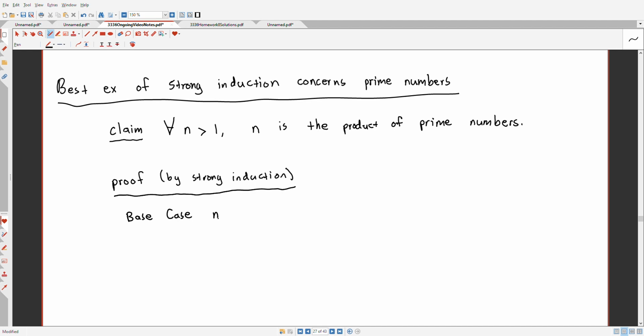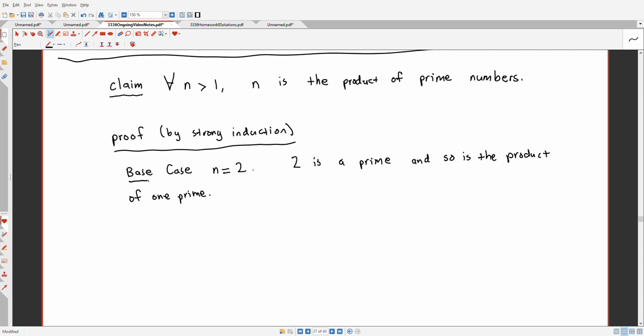That's just when n is as small as it can be, so n equals 2. Well, in this case, 2 is a prime, and so is the product of primes. It's just 2, that's it. It's the product, if you will, of one prime. So the statement is true at n equals 2.